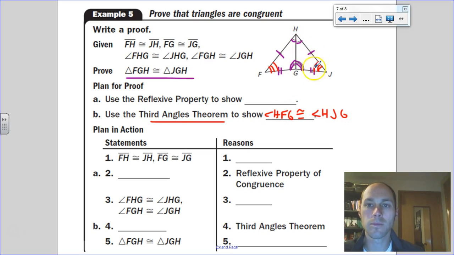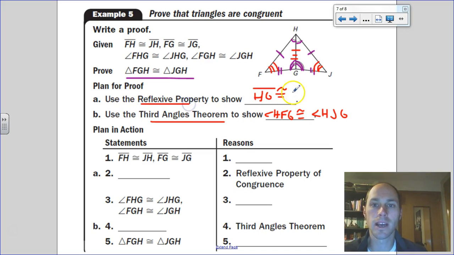That would prove all three angles congruent. We have two sides congruent. We just have to prove that side HG is congruent to itself because it's in both triangles. And we could use the reflexive property to do that. And if we do that, then we'd have enough information to prove that the two triangles are congruent.